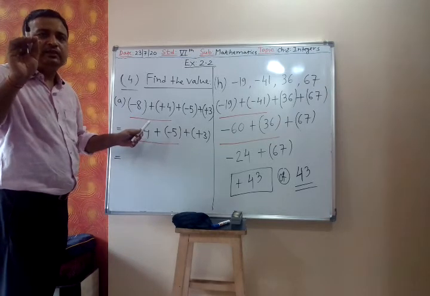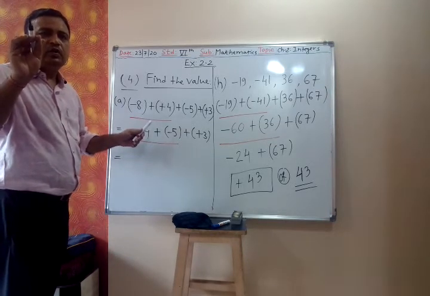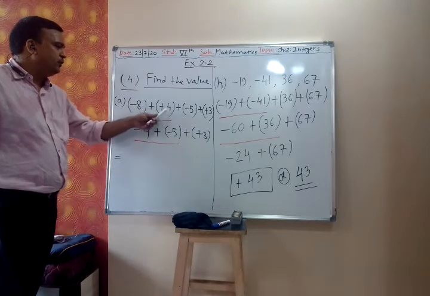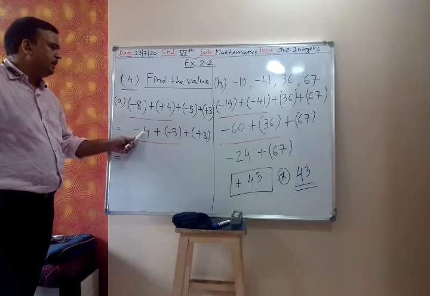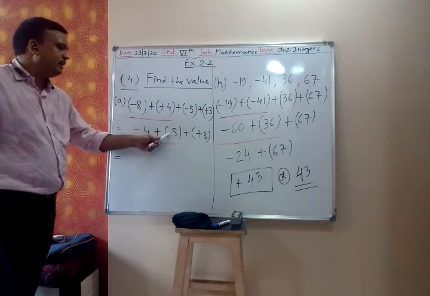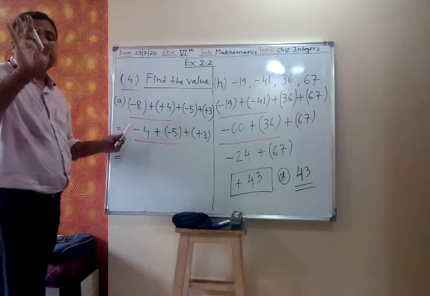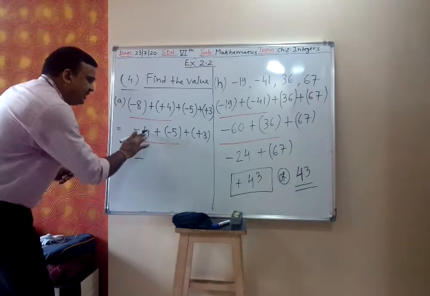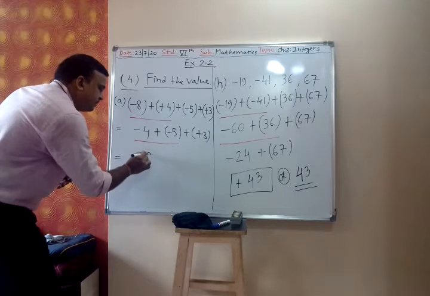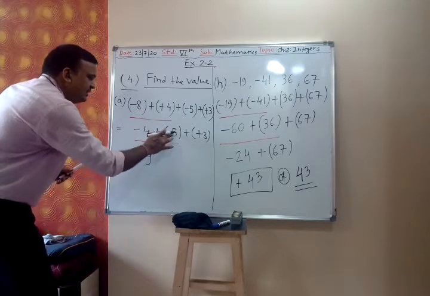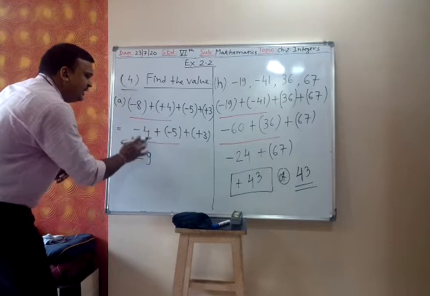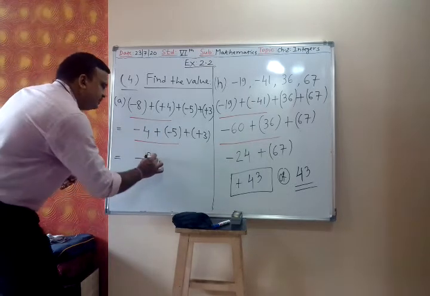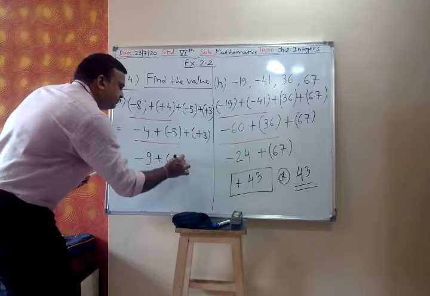So minus 8 plus 4 is minus 4. Now minus 4 and minus 5 have the same sign, minus. I will take the common sign minus and add the numbers. 4 plus 5 is 9. Same sign, you have to add the numbers. 4 plus 5 is 9 and take the common sign, minus.